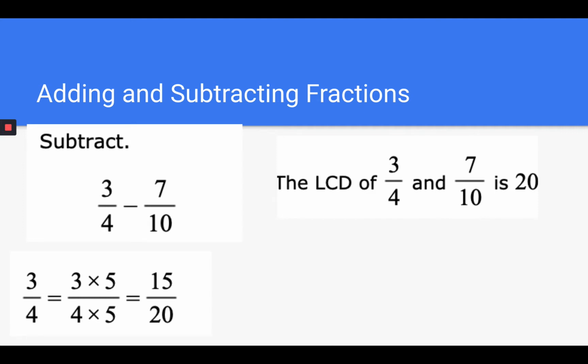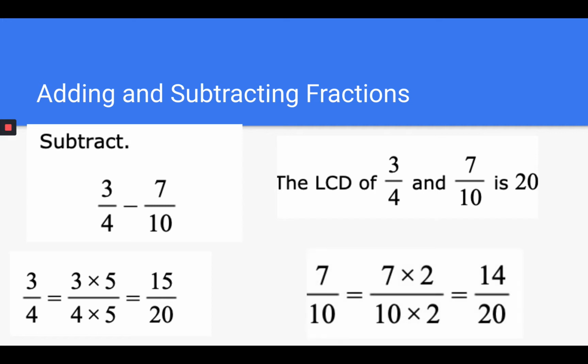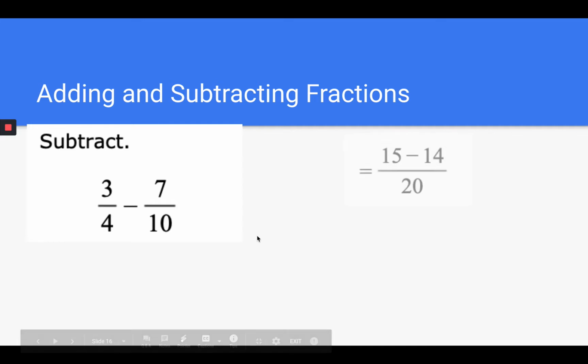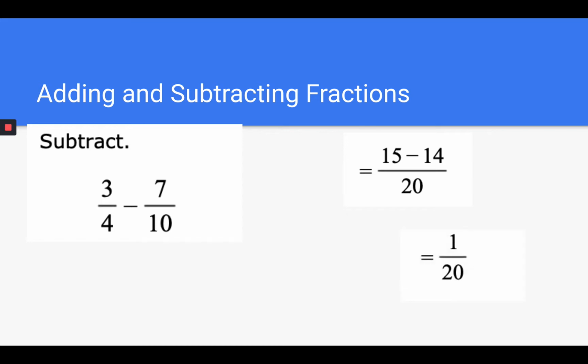Hopefully you say 2. 2 times 10 is 20. 2 times 7 is 14. So now you have 15/20 minus 14/20, and you just subtract the tops. Final answer, 1/20, nothing to reduce. That answer is done.